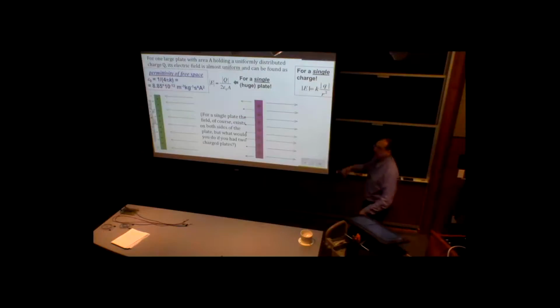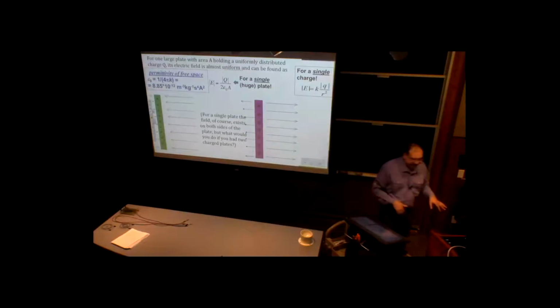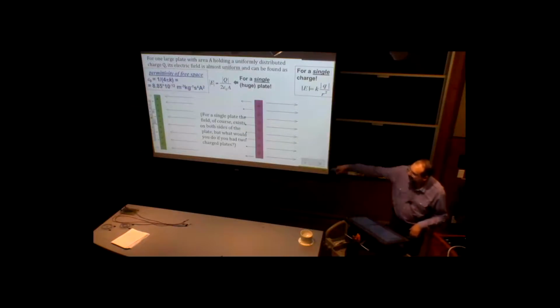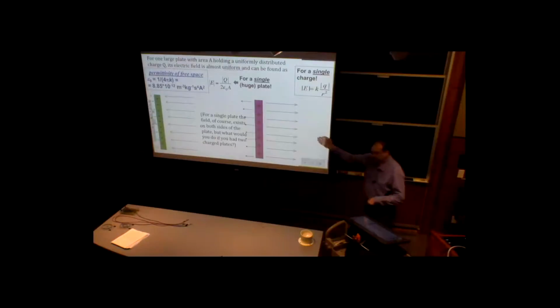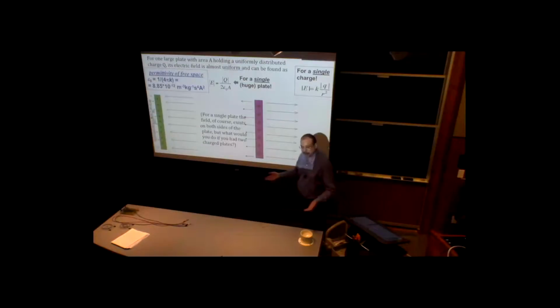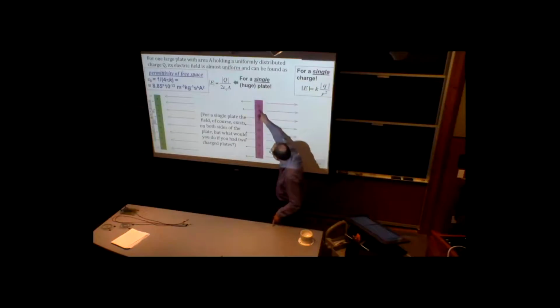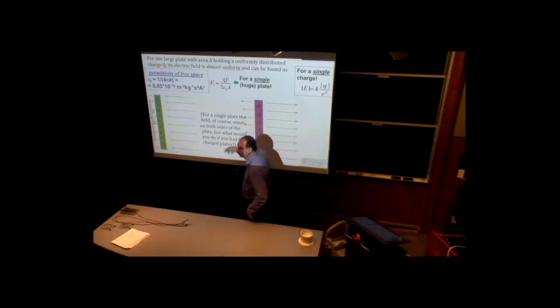This expression can be derived gradually from Coulomb's law. We don't have to do that. The only difference between a negatively charged plate and a positively charged plate is the direction of electric field. If the plate is positively charged, electric field lines must point away from it in all directions.